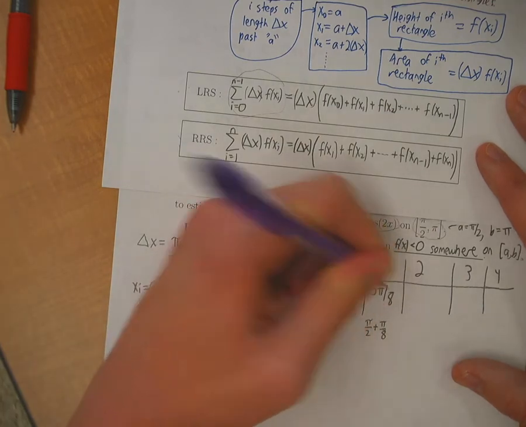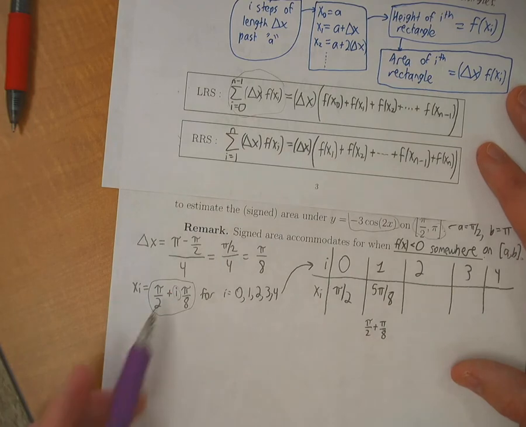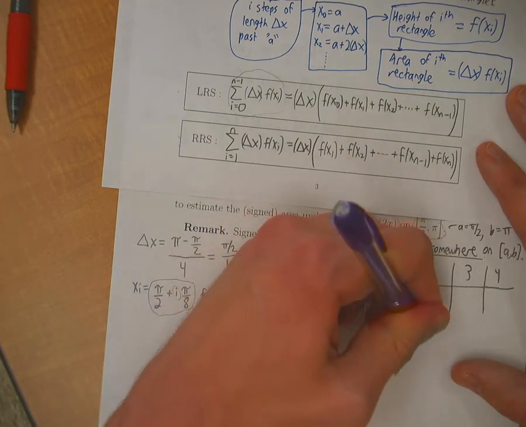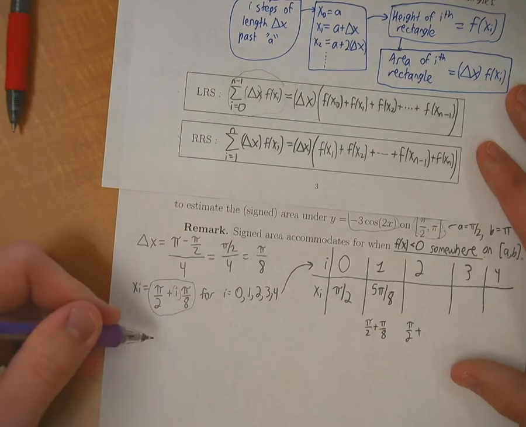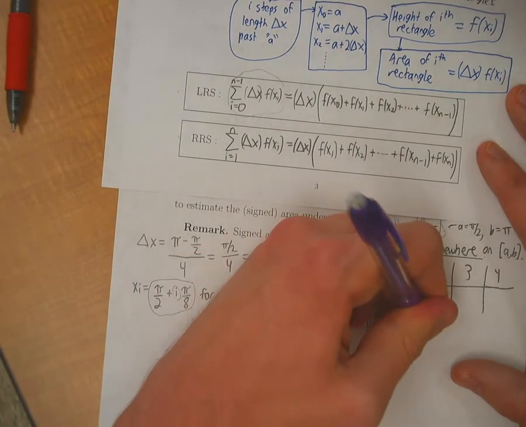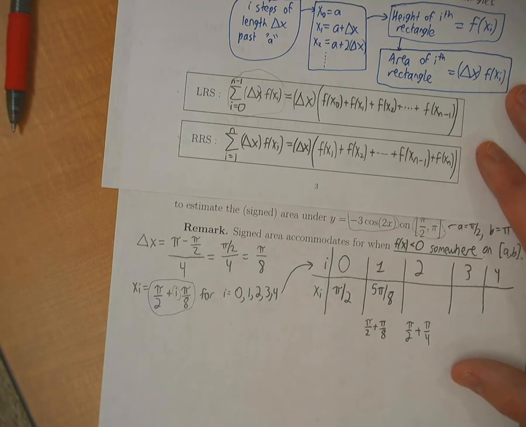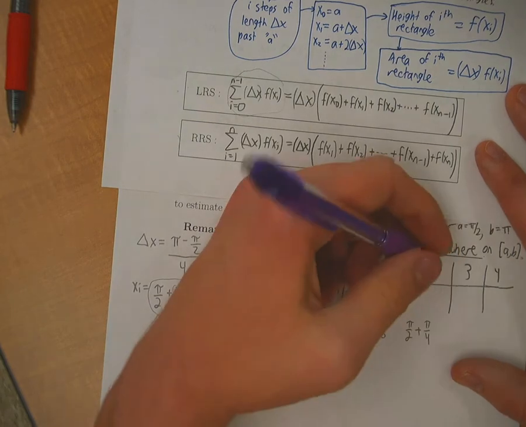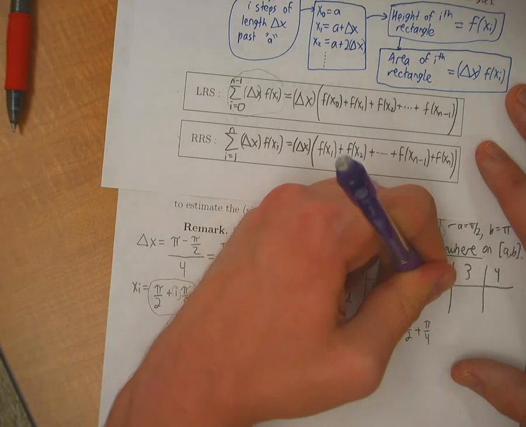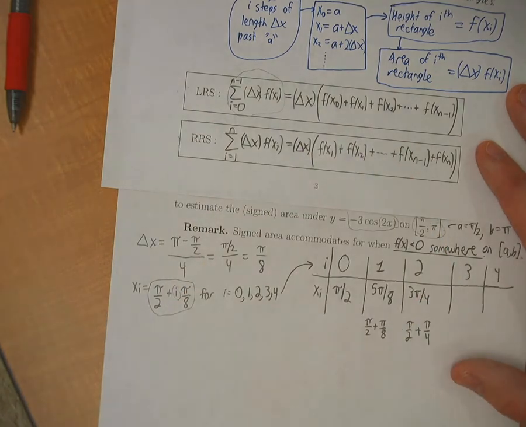Good. Now if we let i equal 2, this is pi over 2 plus 2 times pi over 8, which is pi over 4. Adding these two terms together, we get 3 pi over 4. Good.